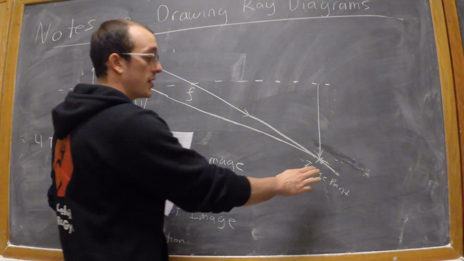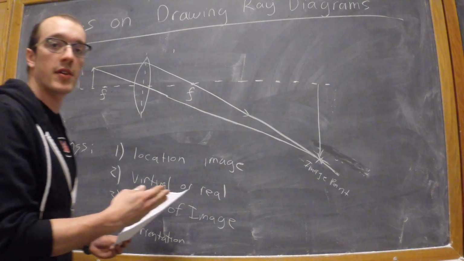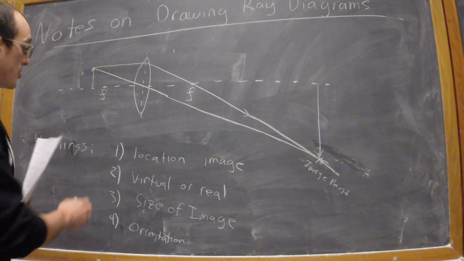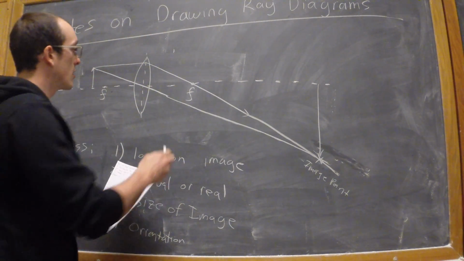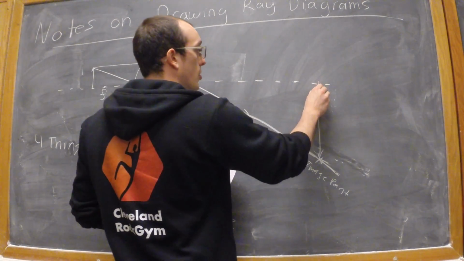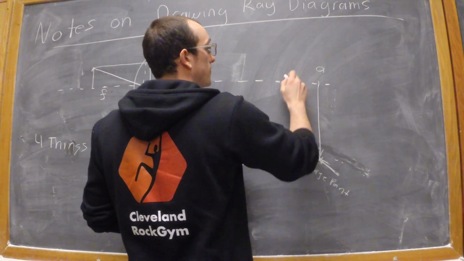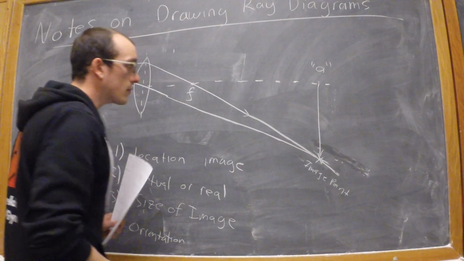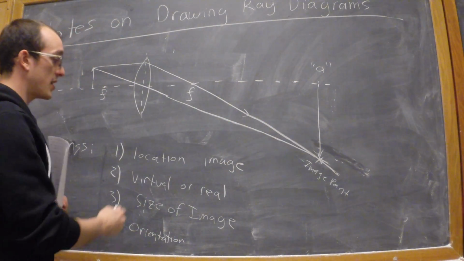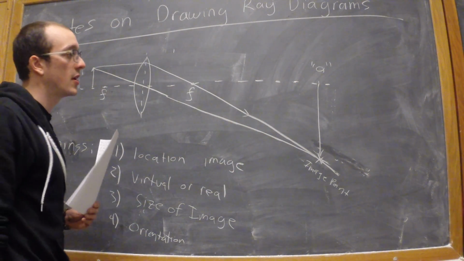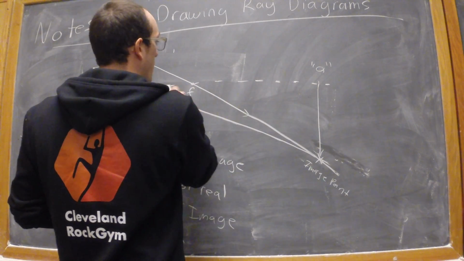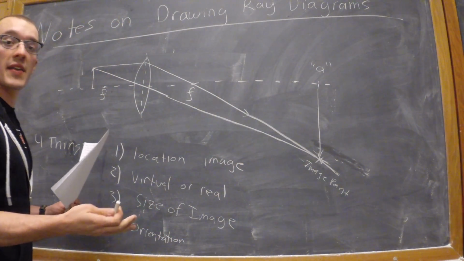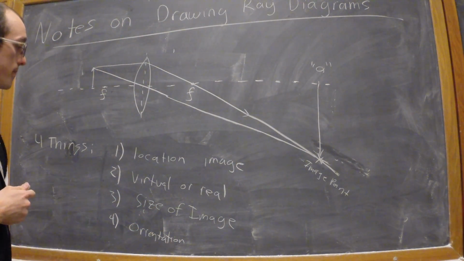And then this location and this line tell us all the information that we need to determine these four things. So along this axis, we'll call this point A. Point A is going to be the location of the image. So when you draw back up wherever it lies on this axis, that's where you would find the image if you actually did this experiment.